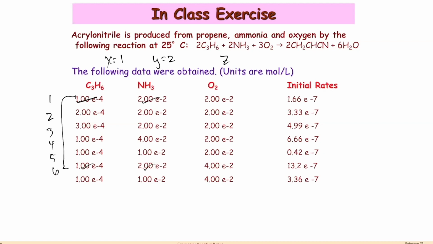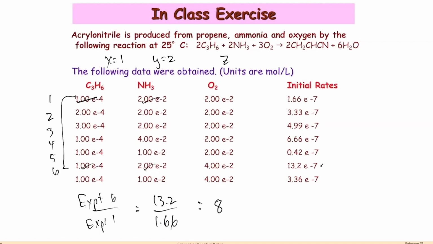So if we take experiment 6 and 1, then again, I want to make the bigger number on top. Both of these are 10 to the minus 7. They'll cancel out. 13.2 divided by 1.66 is equal to 7.95. That is equal to 8.